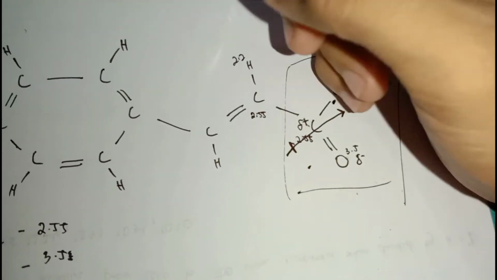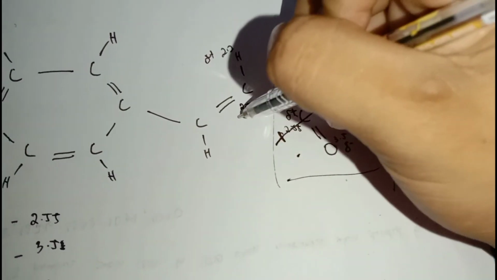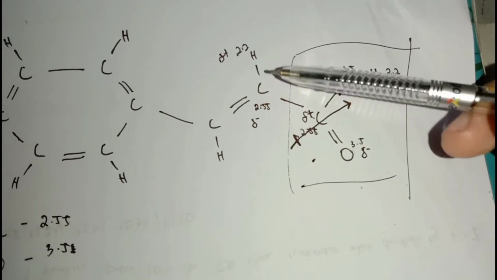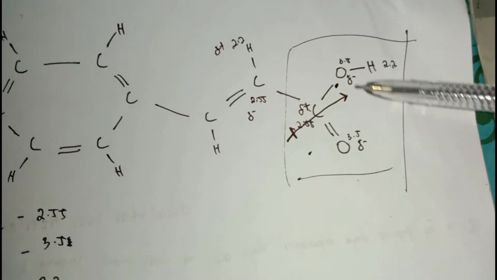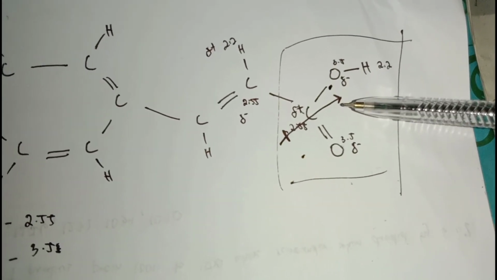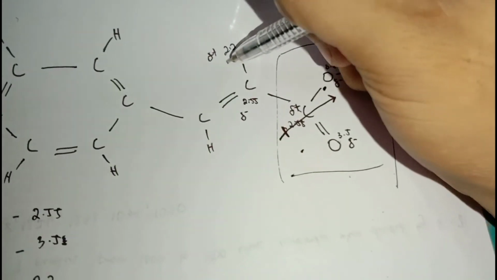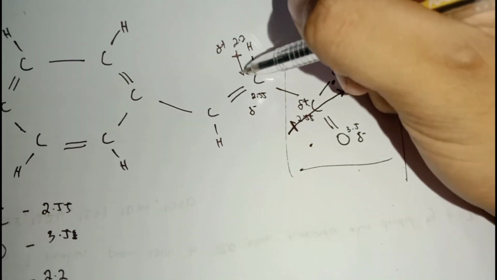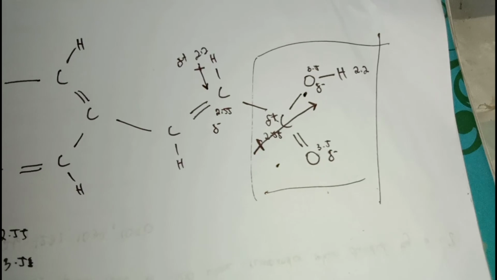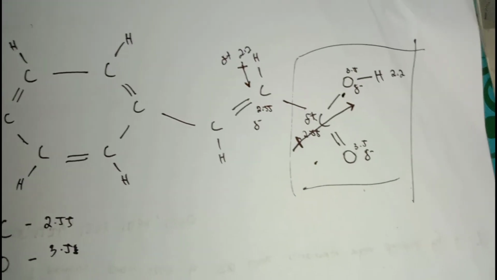So this would be a partial positive, and this would be a partial negative, because hydrogen has a lower electronegativity than carbon. As we did in this functional group, the partial positive will be the head, and the partial negative will be the tail. So that is the dipole moment of the atom.